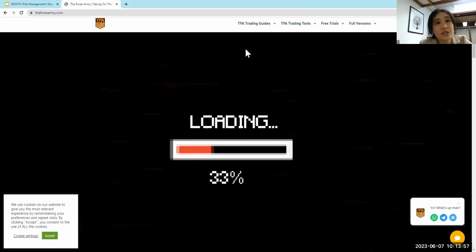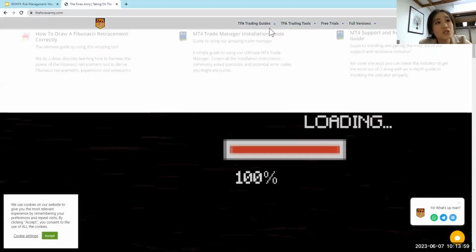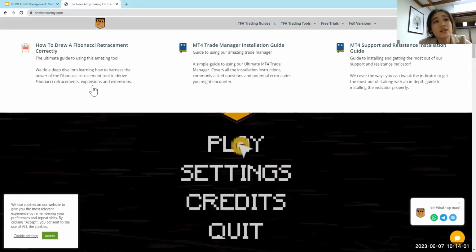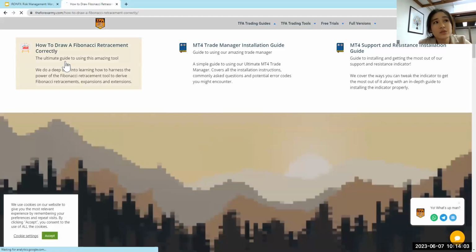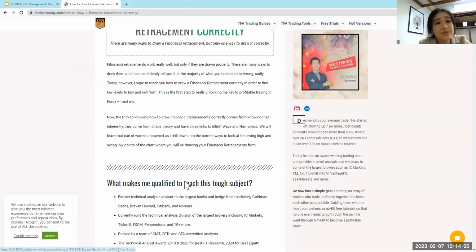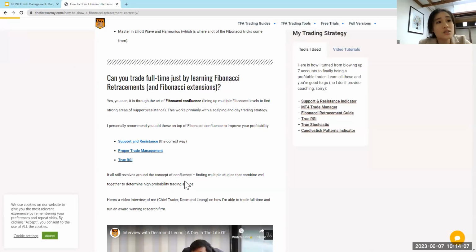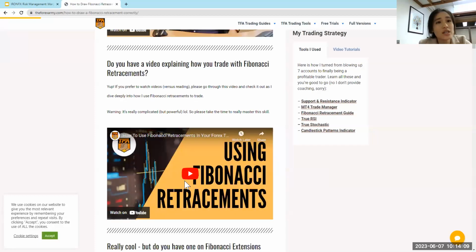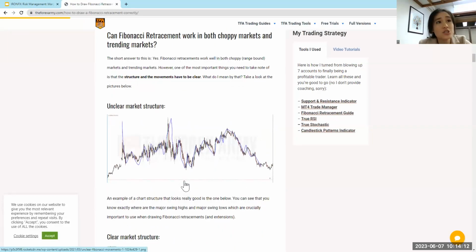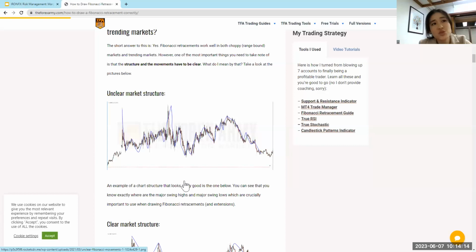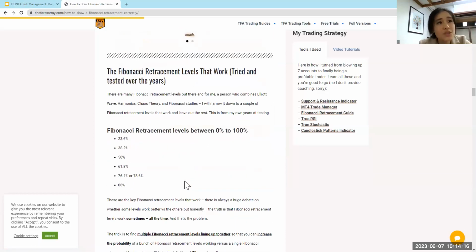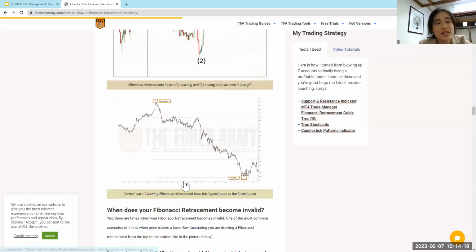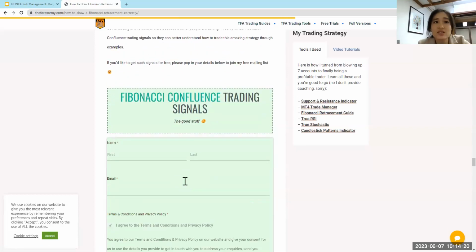You go to forexarmy.com and there's a whole bunch of guides for you to take a look at, like how to draw a Fibonacci retracement correctly. There's also, I think, a checklist. It shows you clear market structures, what exactly you should look out for. It goes in depth into Fibonacci, but I'm not going to get into that today.